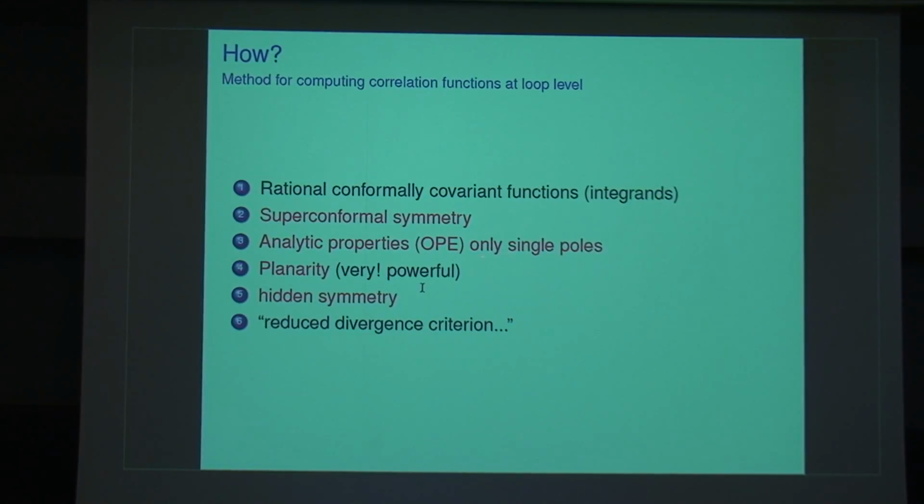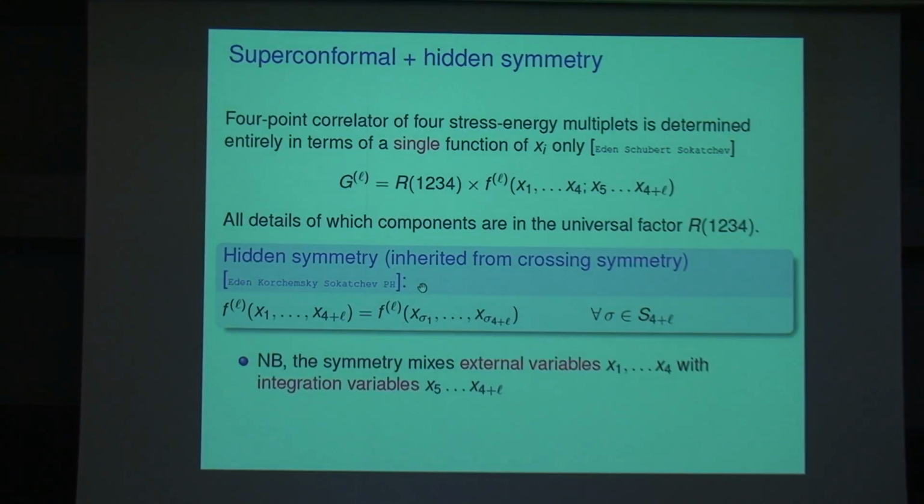Analytic properties tell us I only have single poles, much like amplitudes. Planarity we use, as we'll see, and then a very powerful symmetry which we call hidden symmetry. And then there are these two methods that I mentioned in the introduction, both of which can be summarized by this statement.